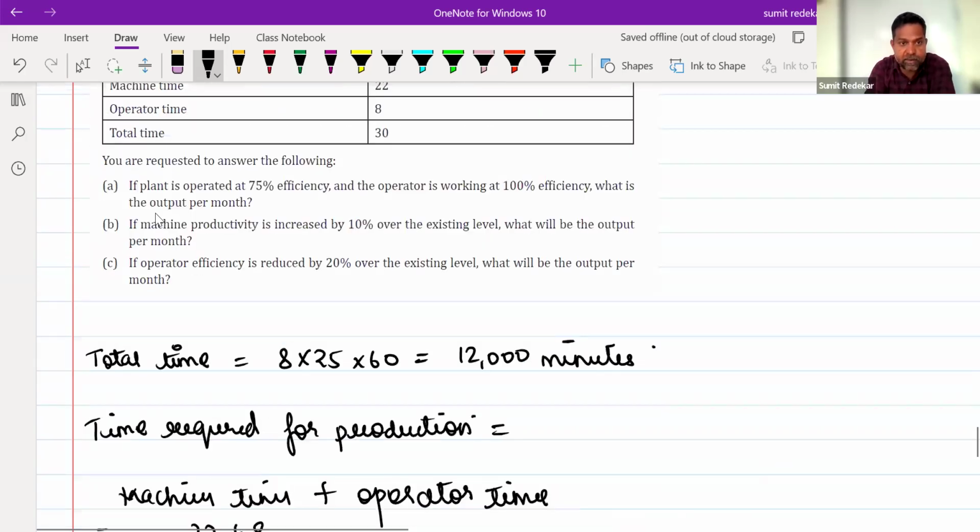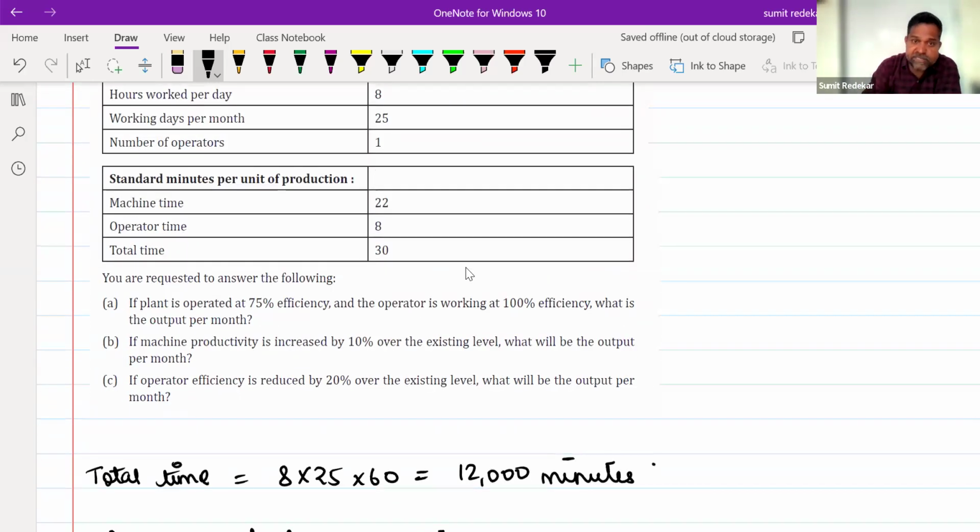Now, what about the second part? If the machine productivity is increased by 10%, so machine becomes more productive. When machine becomes more productive, the time will drop. Right now, if the machine is taking 22 minutes, the time will drop.